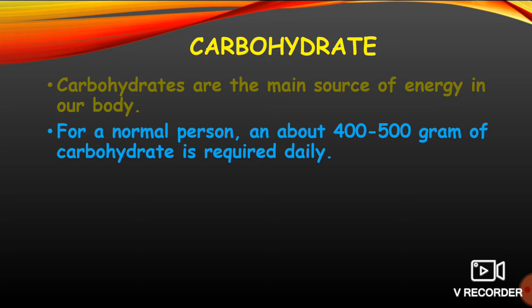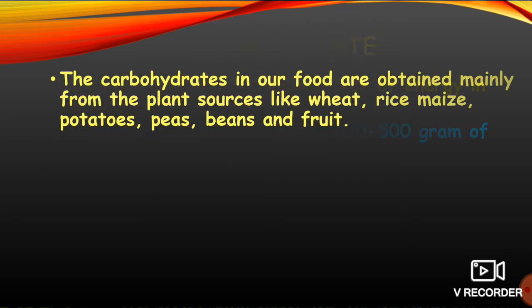A normal person will need 400 to 500 grams of carbohydrate daily. And how do we obtain these carbohydrates? We get them from plant sources like wheat, rice, maize, potatoes, beans, and fruits. If you eat these things you are going to get carbohydrates.